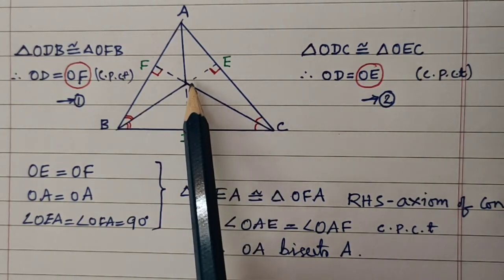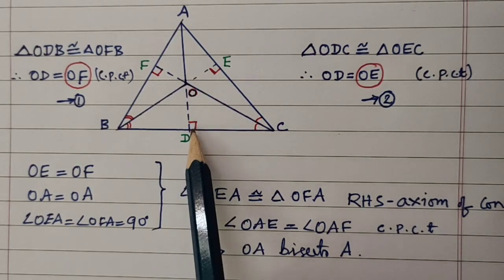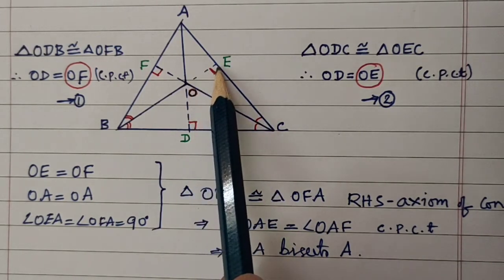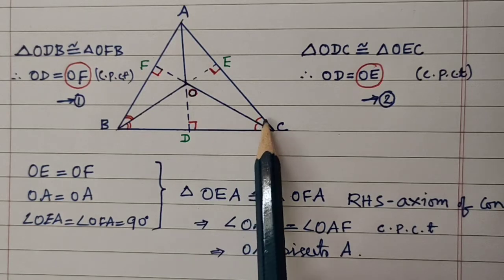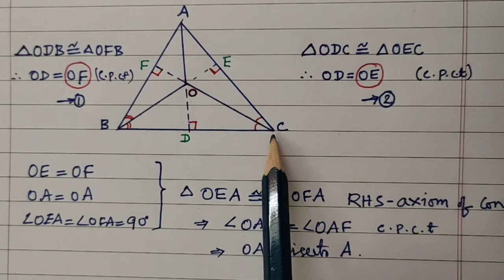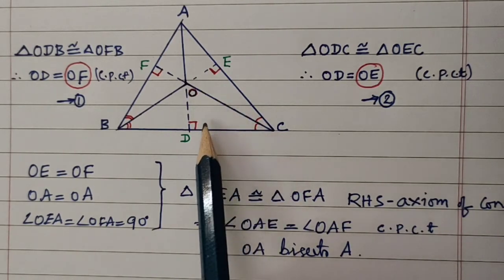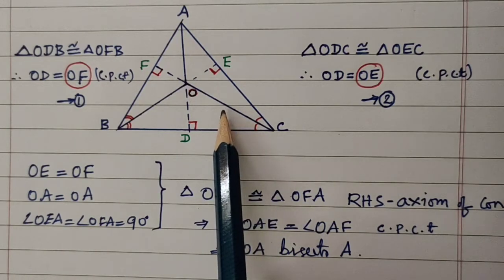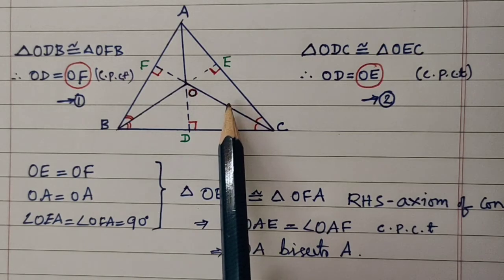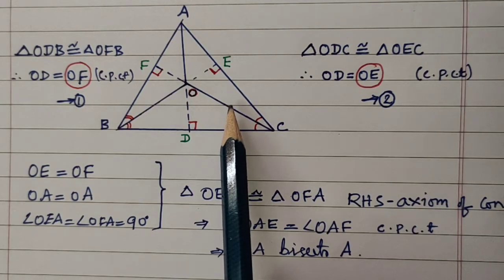Because we have drawn the perpendiculars OD and OE, angle ODC is equal to angle OEC. And OC is a common side for both triangles. We know that when two angles and one side of one triangle are equal to two angles and one side of the other triangle, then those two triangles are congruent.